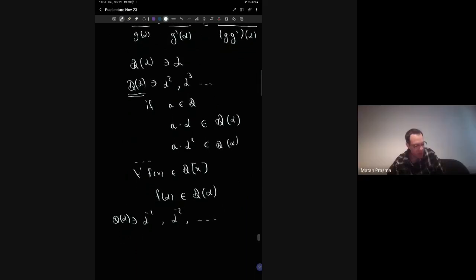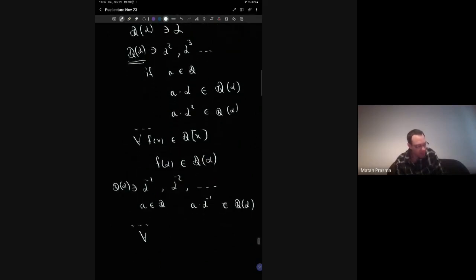Okay, and of course, you take a rational number a, then a times alpha to the minus 1 must also be in Q of alpha. And so, for any polynomial g over Q, I must have 1 over g of alpha belonging to Q of alpha.